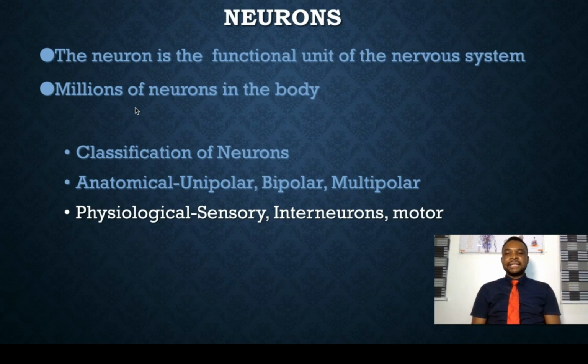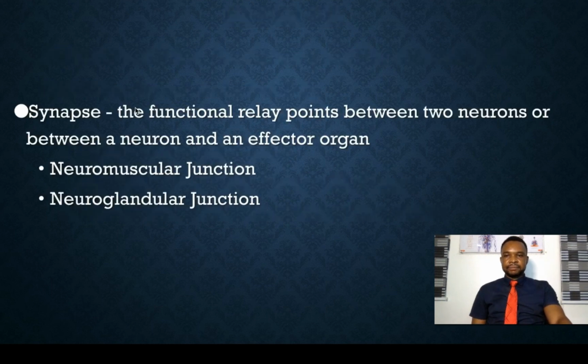Now, physiologically, neurons are classified into three as well: sensory neurons, interneurons, and motor neurons. Sensory neurons convey sensory information. Interneurons, inter meaning it connects both the sensory and the motor together, and then a motor neuron conveys information from the brain to the spinal cord and to the effector organs.